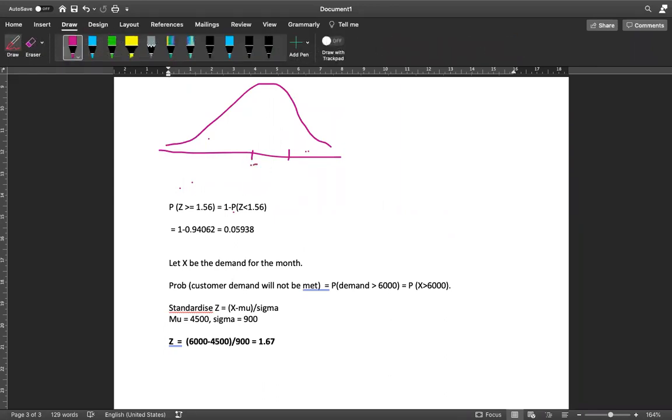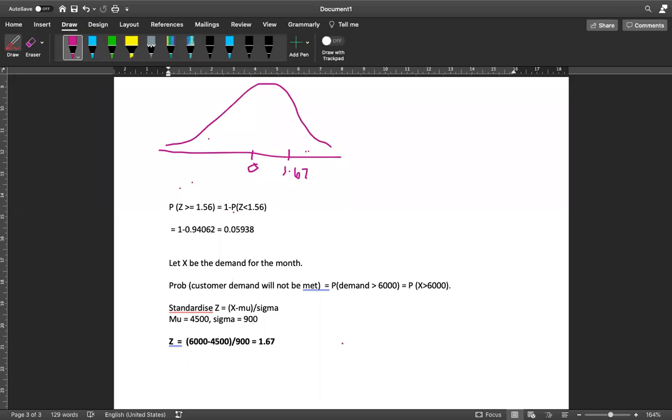The 1.67 will be to the right of 0, right, Jeff? Yes, sir. So 1.67 here. But basically, we're interested in the probability that Z is greater than 1.67.